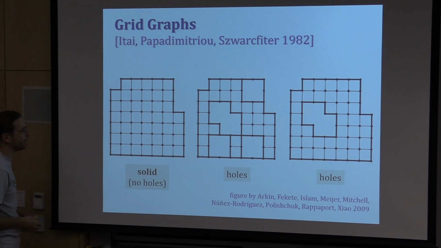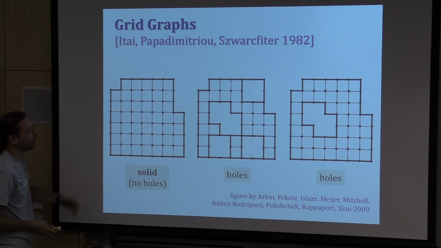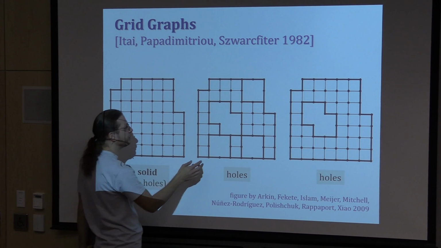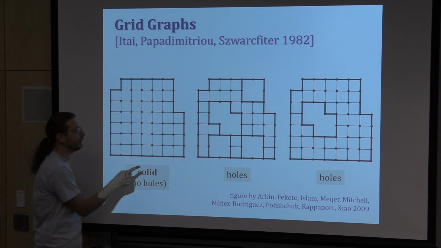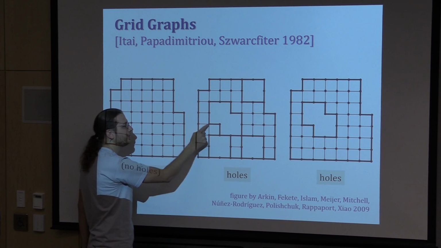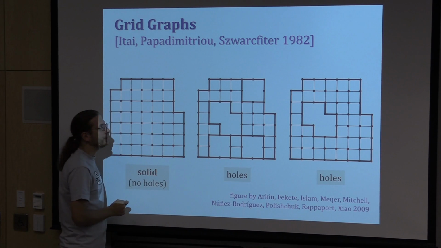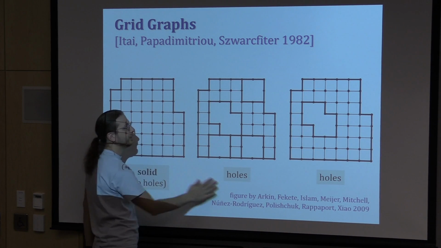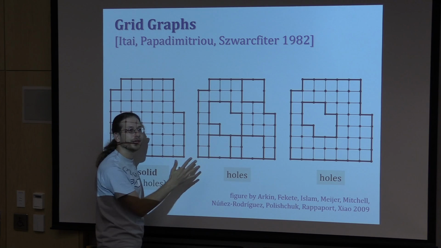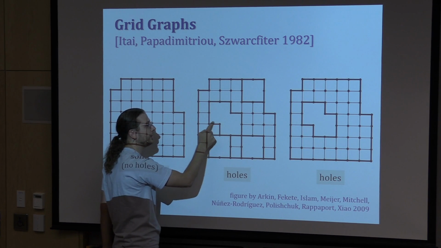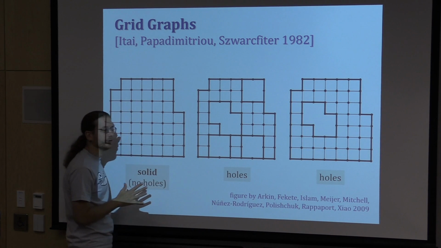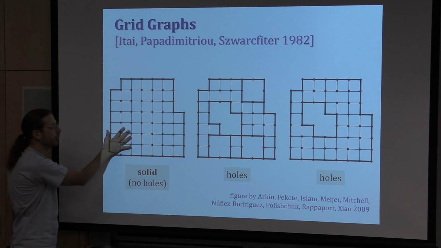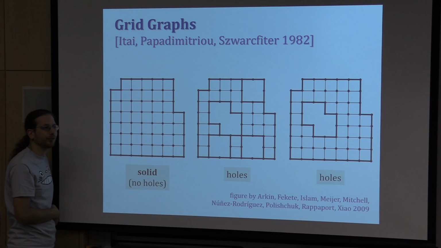Okay. Now there's one special case, or in general, we distinguish, there's sort of 3 types of faces in such a planar graph. There's what you might call pixels, little 1x1 squares. There's the outside face, and then there's everything else, which we call holes. So any non-length 4 face we call a hole. If there are no holes, we call it a solid grid graph.